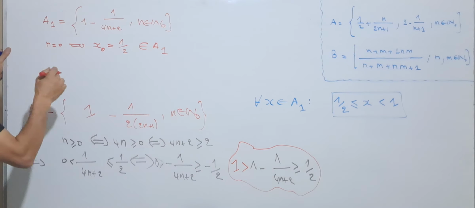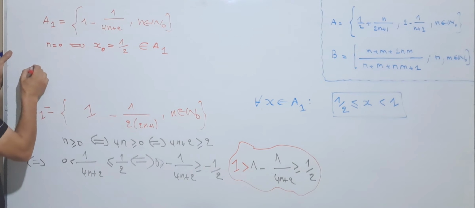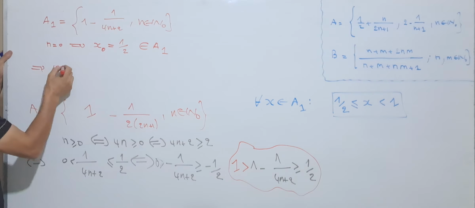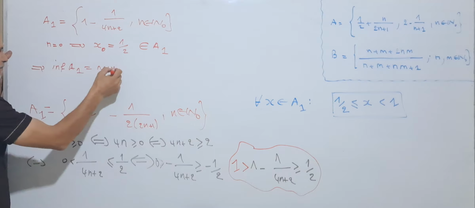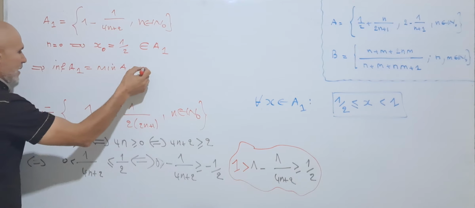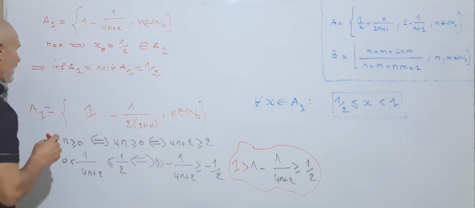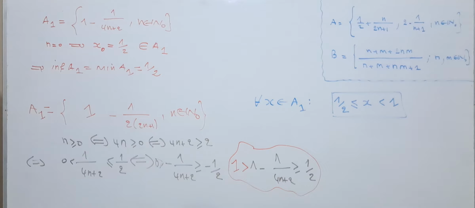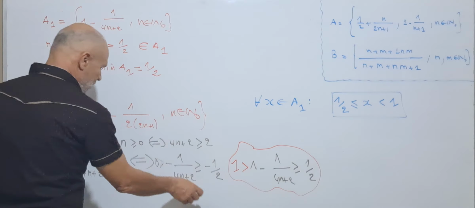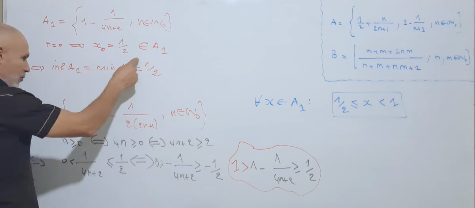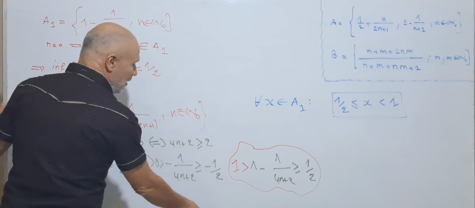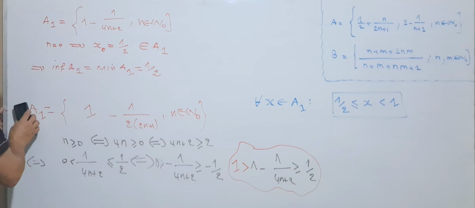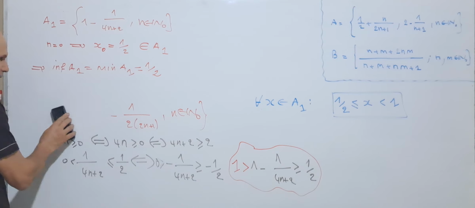So since it belongs, this implies that the infimum of A1 is equal to the minimum of A1 and is equal to 1/2. We don't need here to use characterization, since the element 1/2 belongs to A1 and is the greatest lower bound of this set.